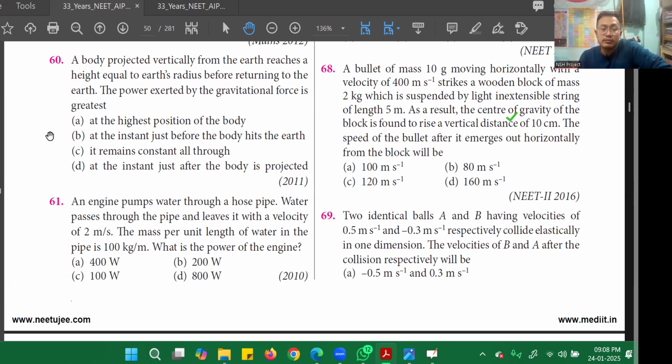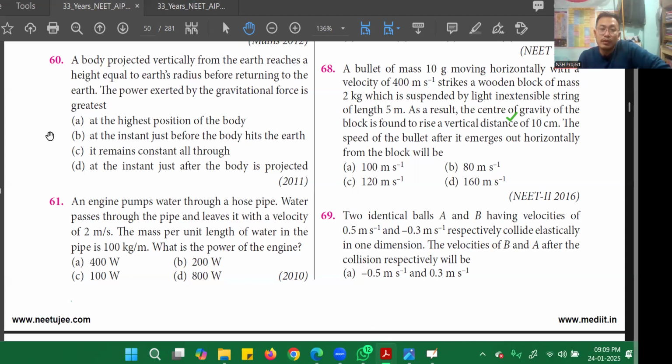Okay, power is the formula we need here. Power is energy by time.